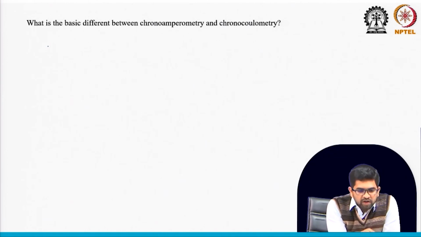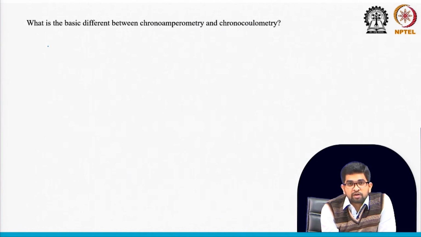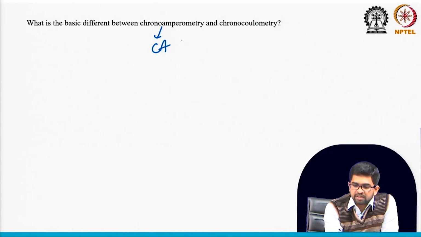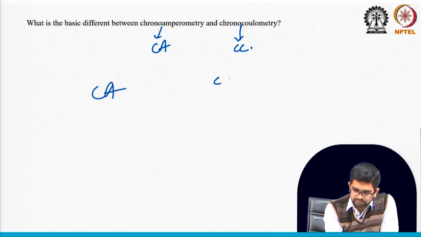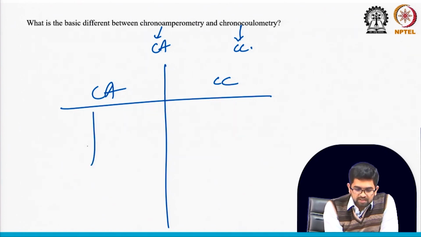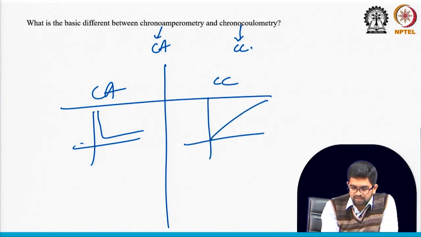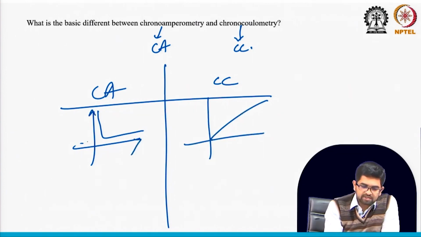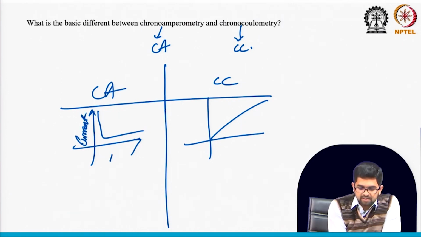Now, here you can see what is the basic difference between chronoamperometry and chronocoulometry. I have already taught many times what chronoamperometry is and what chronocoulometry is. Amperometry is CA, coulometry is CC. So, let us make a basic difference between CA and CC. Just try to remember CA like this, CC like this. In CA, the y-axis is the current and the x-axis is the time.